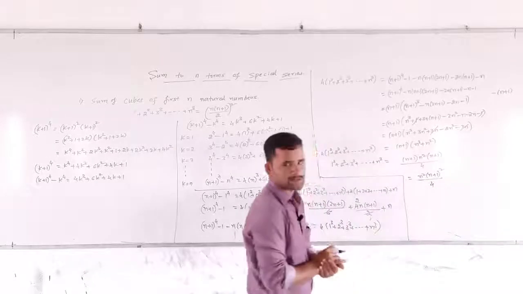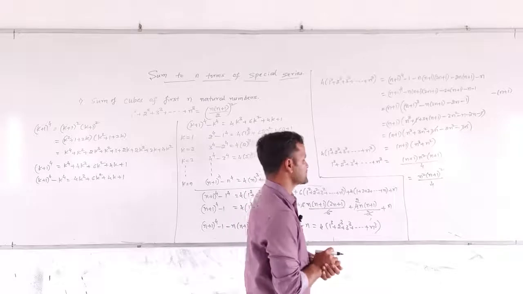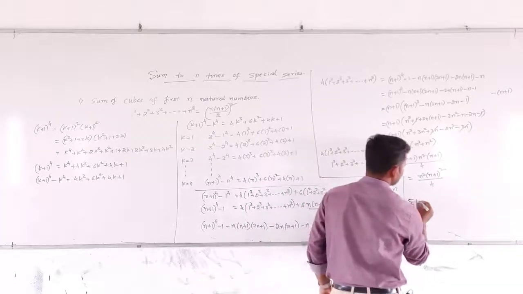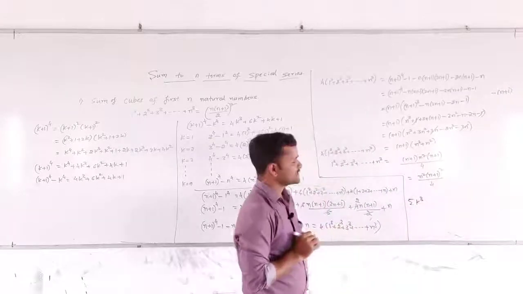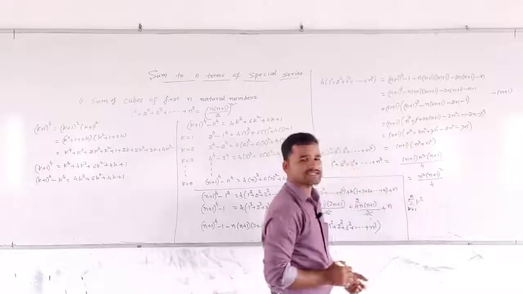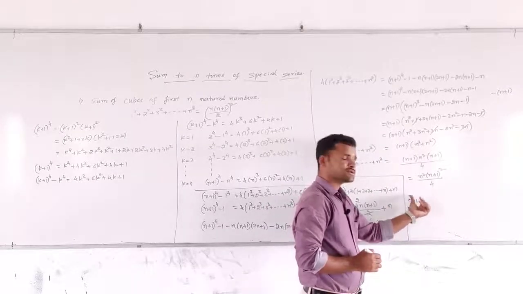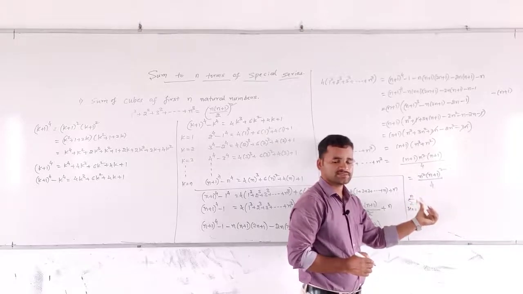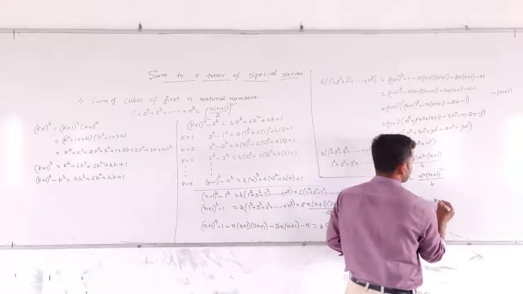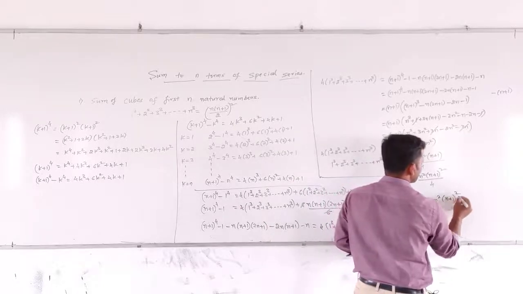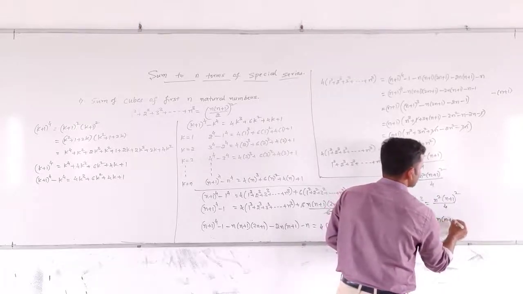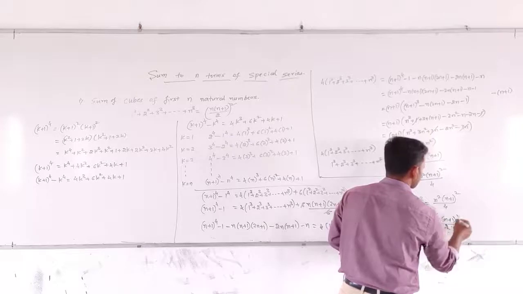This is the formula for the sum of cubes of the first n natural numbers. How will you write? We will write this one as a summation of k cube. Summation of k cube indicates where k varies from 1 to n. This indicates k is equal to 1 to n. 1 cube plus 2 cube plus 3 cube so on up to n cube is equal to, we have n square into (n plus 1) whole square divided by 4, or this can be written as (n into (n plus 1) by 2) whole square.